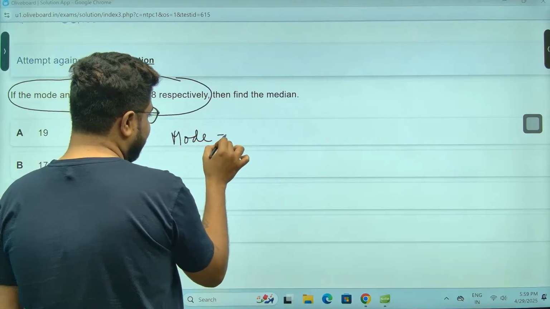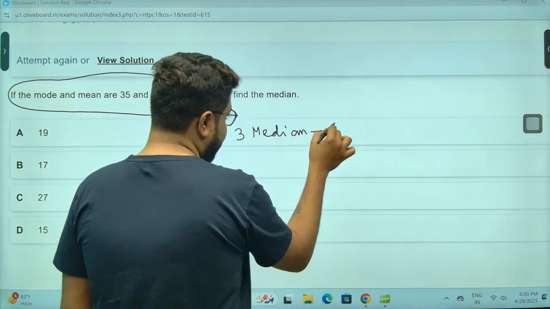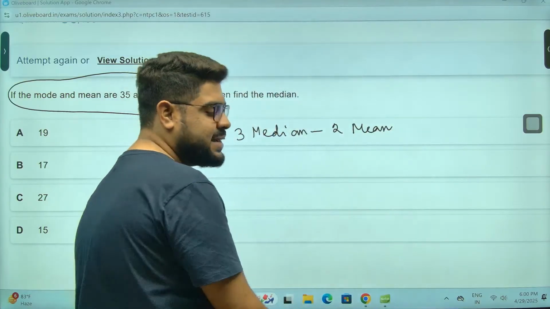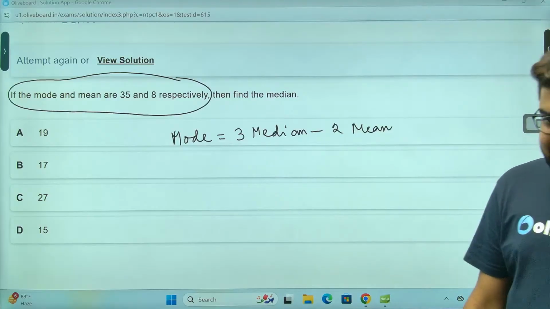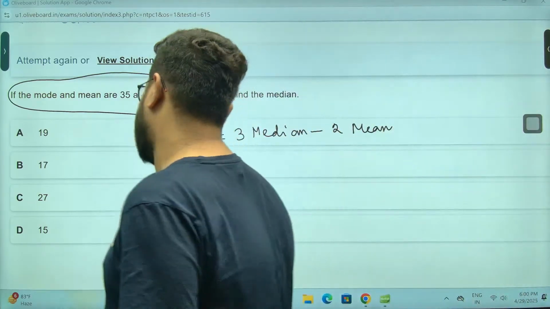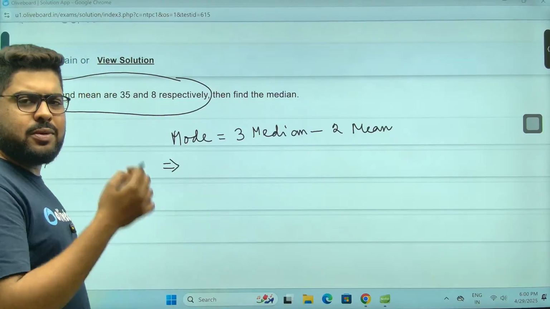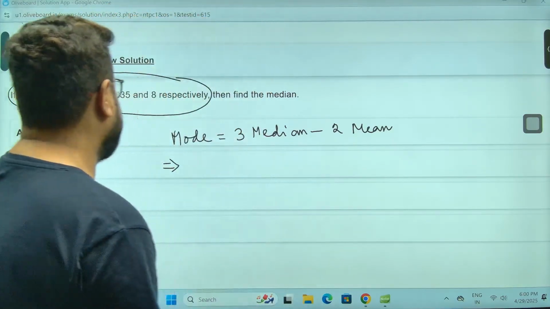Mode is equal to 3 median minus 2 mean. Please remember this formula. If you don't know it, this is a formula from which you will get questions in ALP, NTPC, SSC, everywhere.